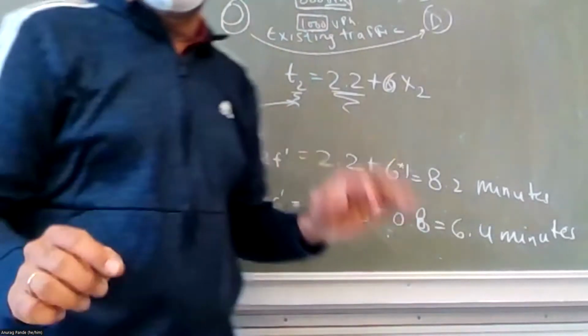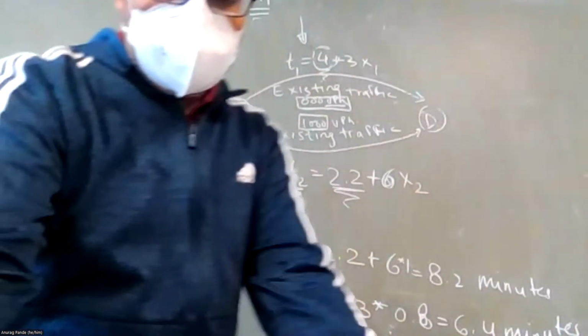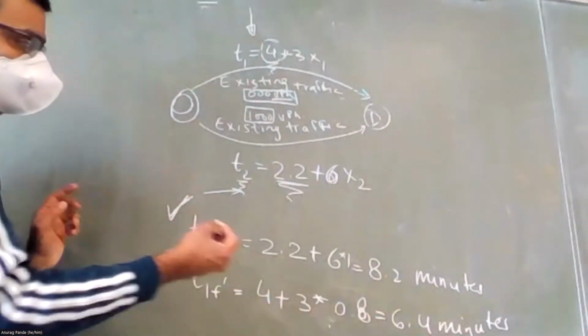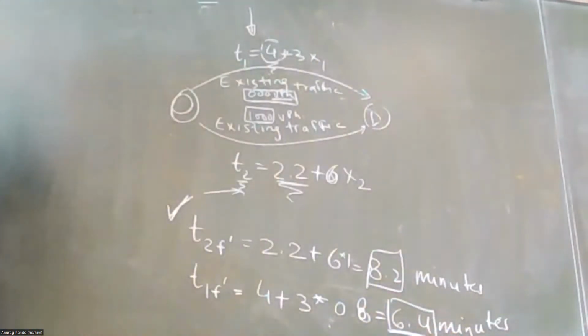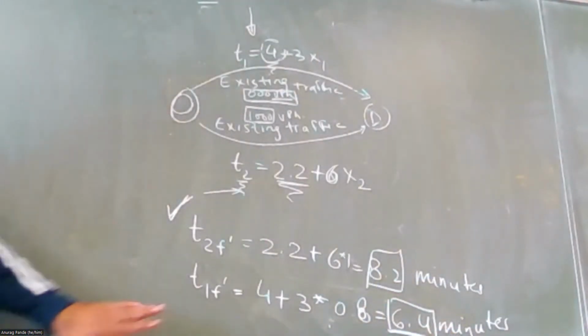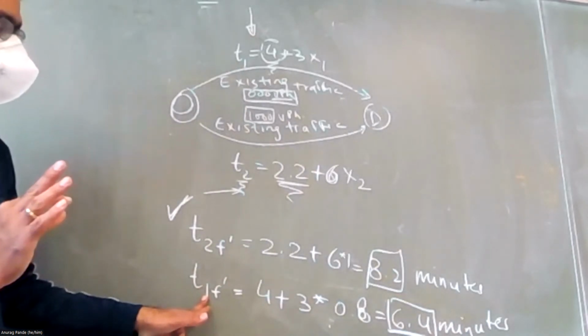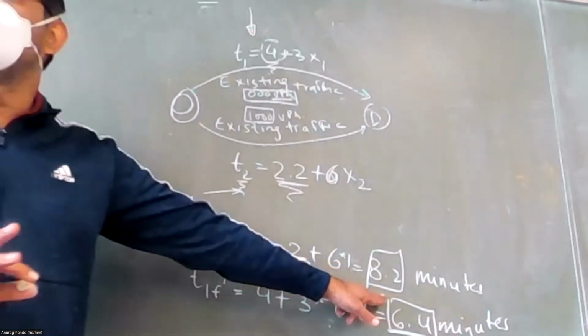Okay, so let me try to explain this. Think of 6.4 and 8.2 as your free flow travel times now. Assume that everybody goes to Route 1 initially, and they keep going to Route 1 until the Route 1 travel time becomes equal to 8.2.